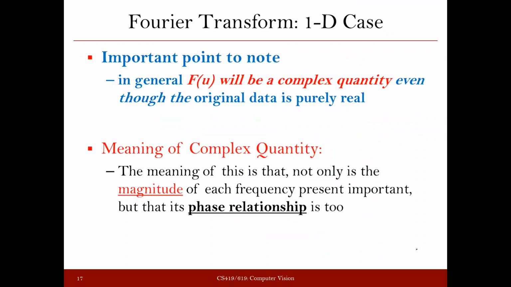And why do we need the imaginary component here? The reason is that in terms of the sine and cosine waves in our representation, it is not only their magnitude that is important, but also what phase they carry. So to define the phase, we need this complex quantity.